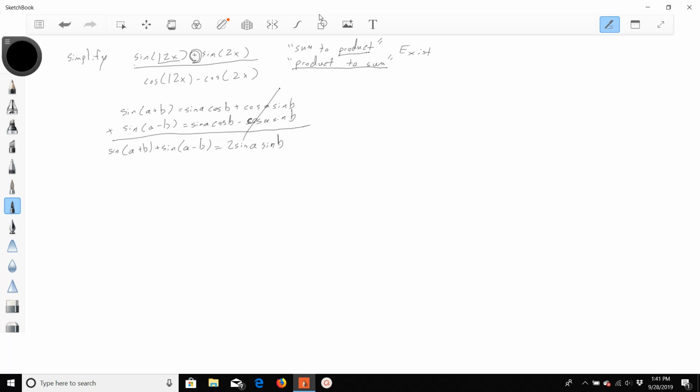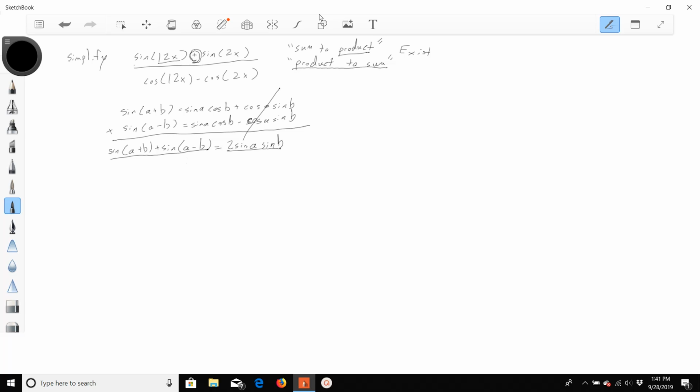And this is the product to sum formula, so you start with a product and you go to a sum. Okay, so that's the product to sum formula for the multiplication of a sine and a cosine of different angles.